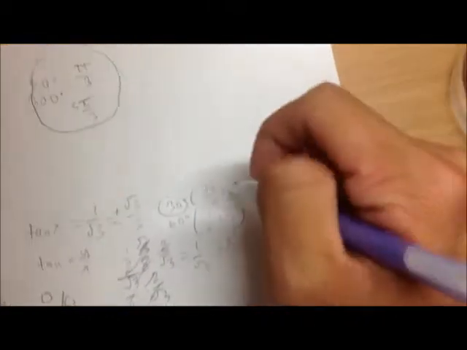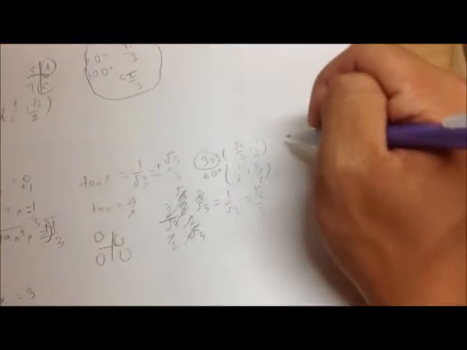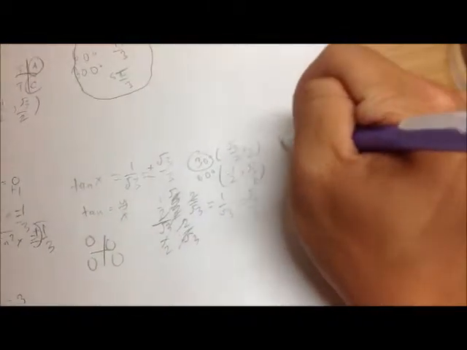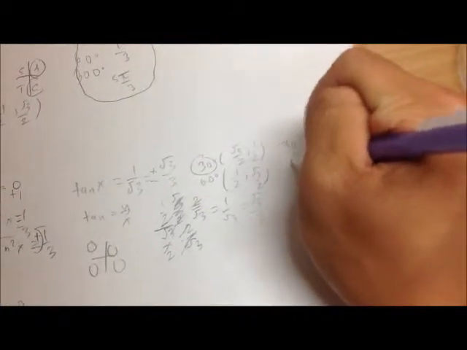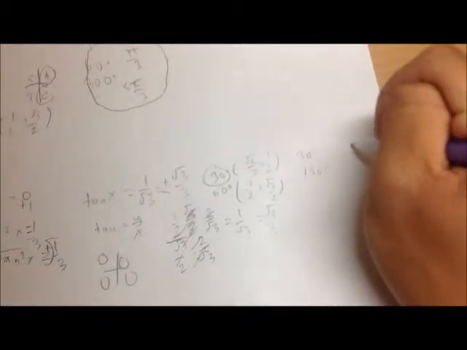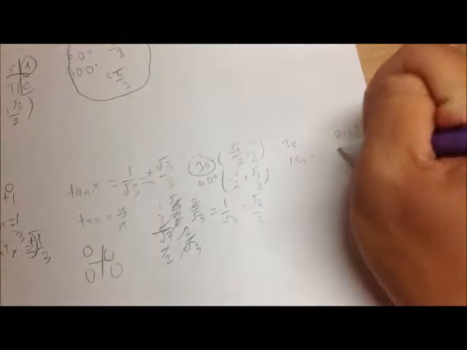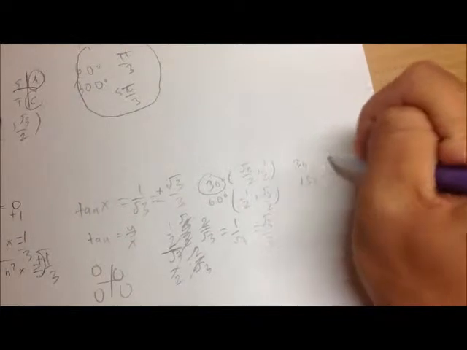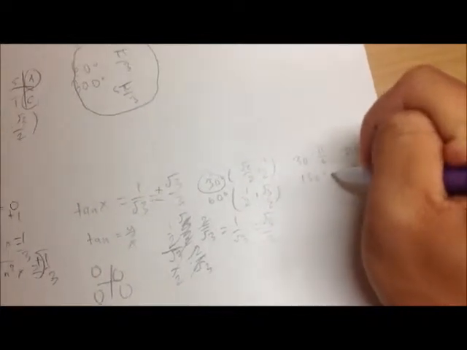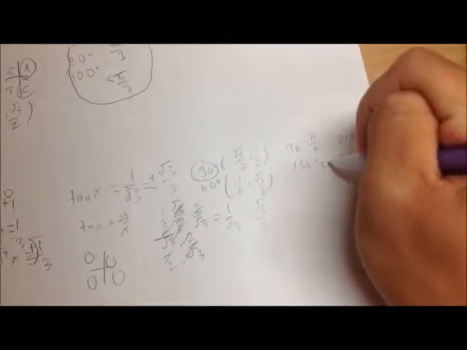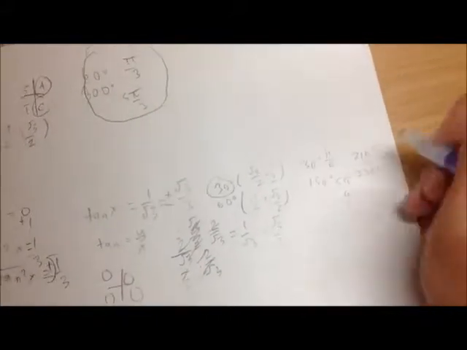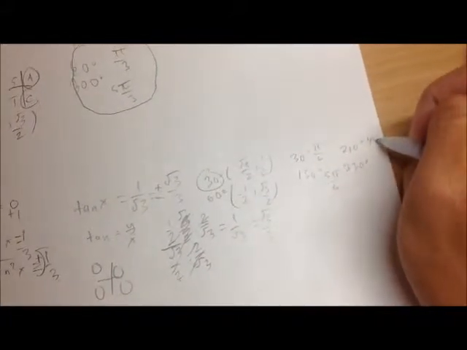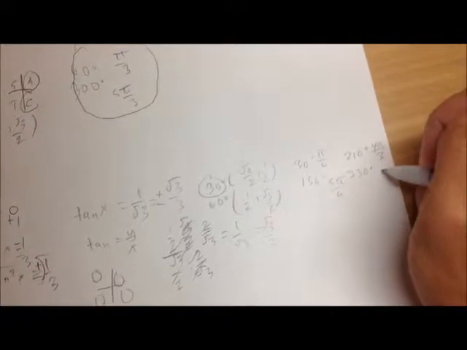So our reference angle is 30, and since it's in all 4 quadrants, we have to write the angles with reference angles of 30. So 30 degrees, 150 degrees, 210 degrees, 330 degrees. And in radians would be pi over 6, 5 pi over 6, 4 pi over 3, and 11 pi over 6.